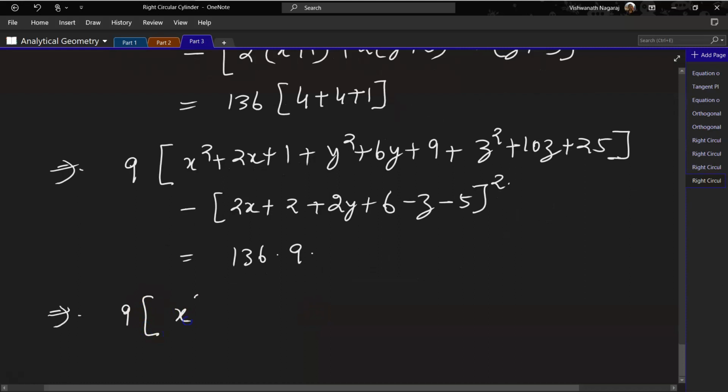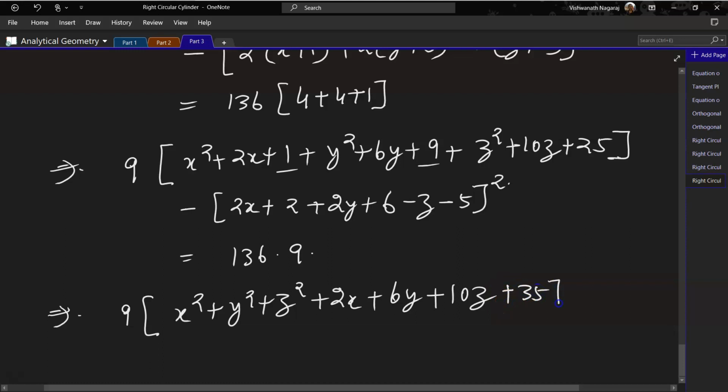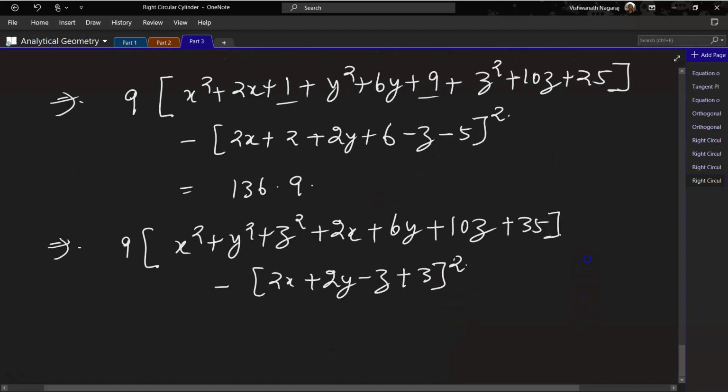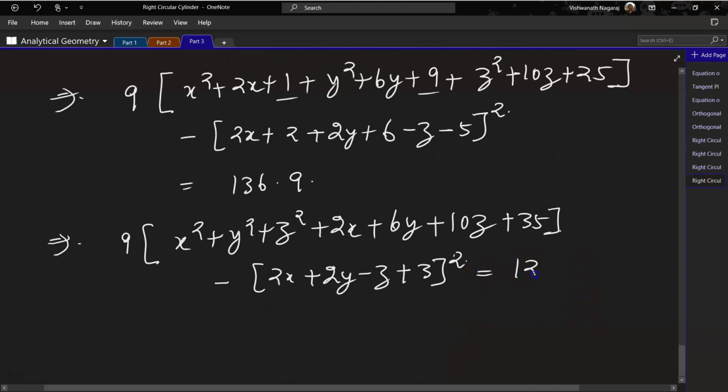This implies x square plus y square plus z square plus 2x plus 6y plus 10z. Then we have 1 plus 9, 10, 10 plus 25 is 35, minus (2x plus 2y minus z plus 6 plus 2, 8 minus 5, 3) square is equal to 1224. So that is the equation of the cylinder.